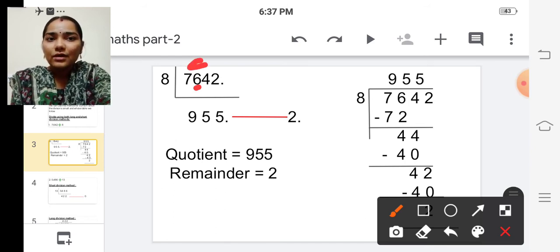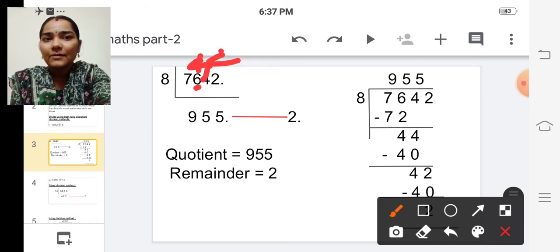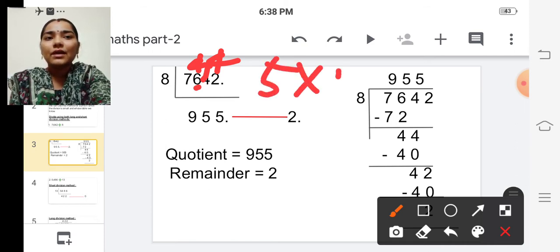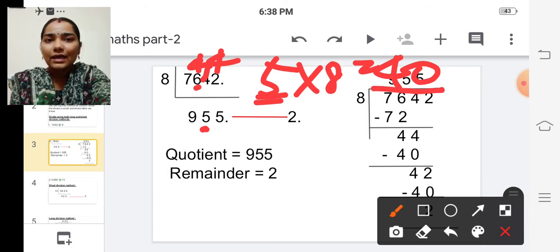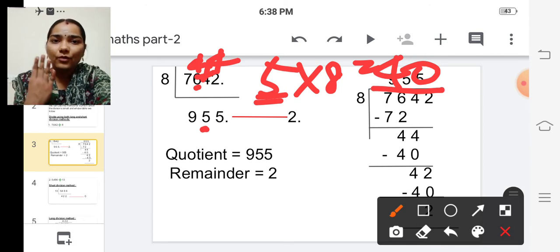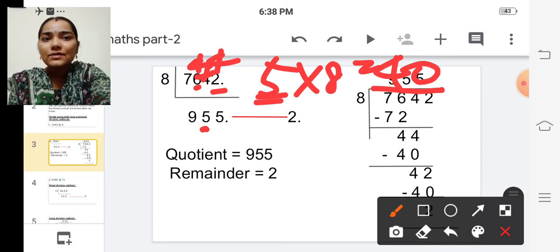So 4, and bring down the next digit. Bring this 4 here, so the number becomes 44. And 5 eights are 40. So we write this 5 here, and subtract 40 from 44. We get 4, and bring down this 2 again.